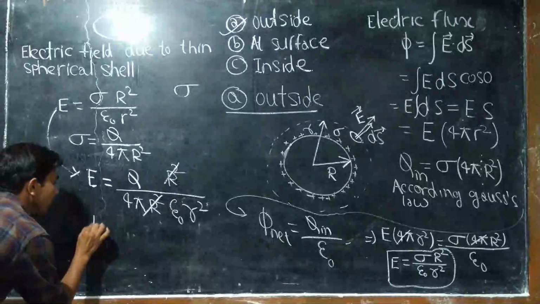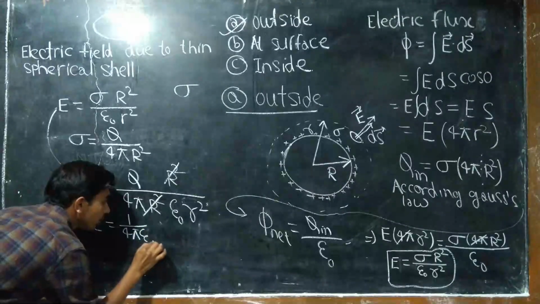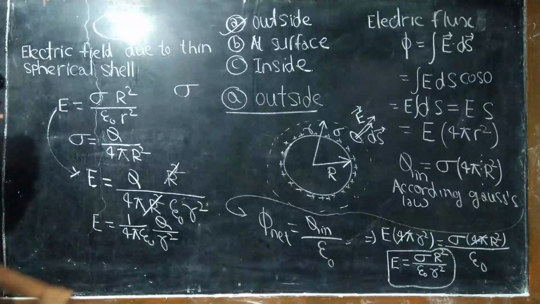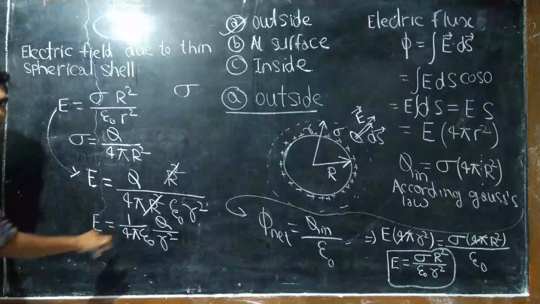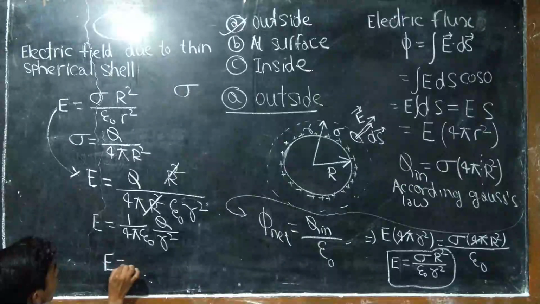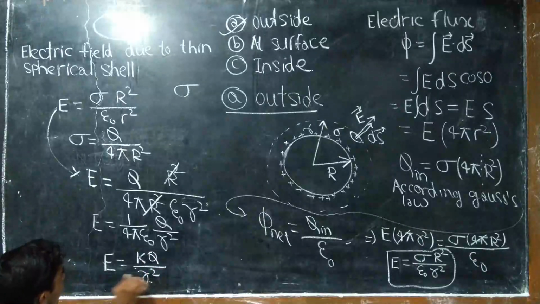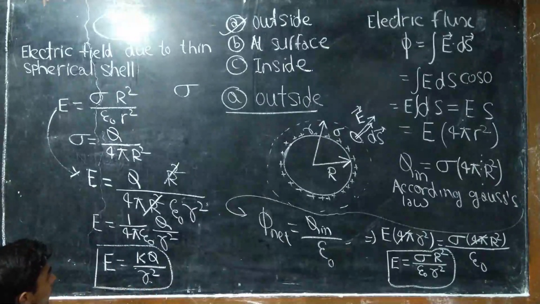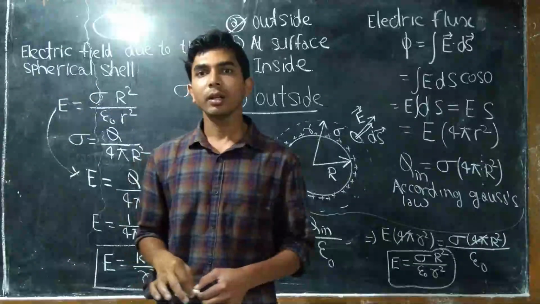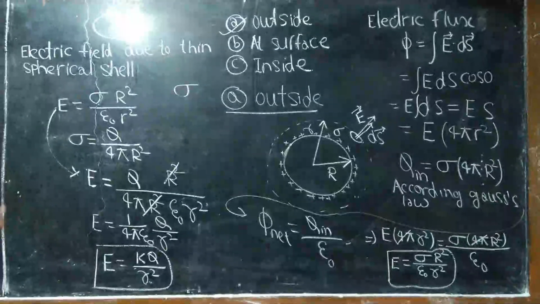So further we have 1 by 4 pi epsilon 0 times Q by r square, and you know 1 by 4 pi epsilon 0 is k. So further we can write E is equal to kQ by r square. So this is your other formula to find electric field outside a thin spherical cell, okay? So note it down.